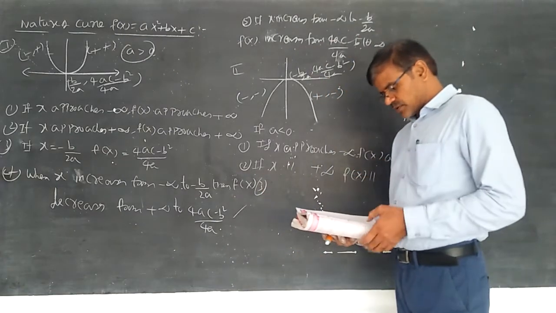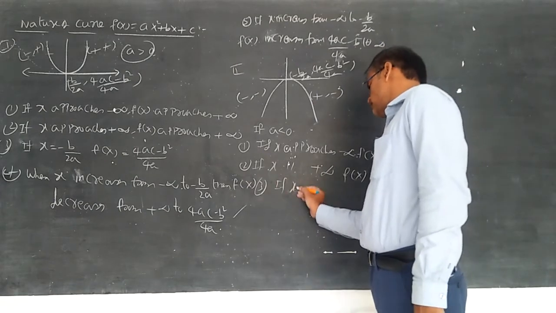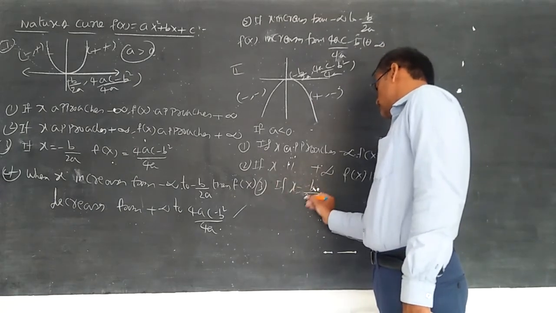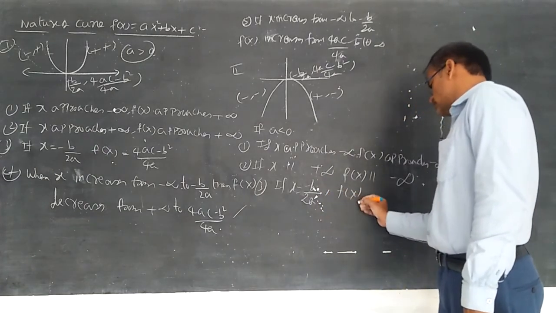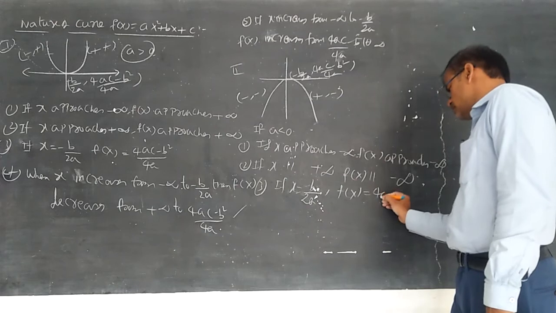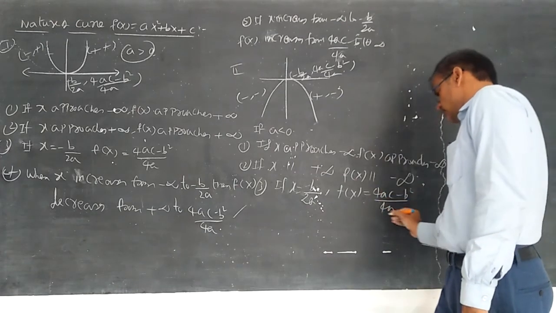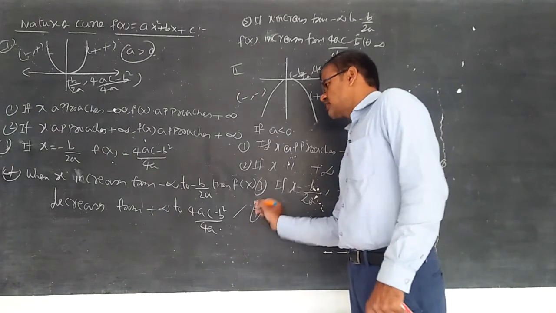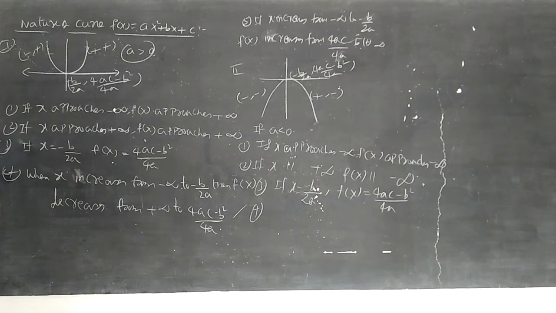For every graph, whether it is a downward parabola or an upward parabola, we can say if x is equal to minus b by 2a, then f of x is equal to (4ac minus b squared) by 4a. Next point depends upon the characteristic of this downward parabola.